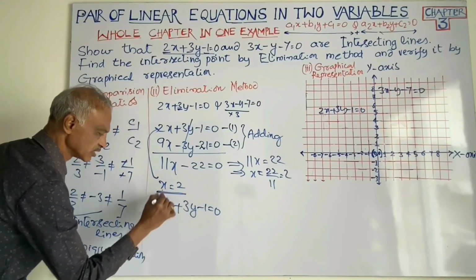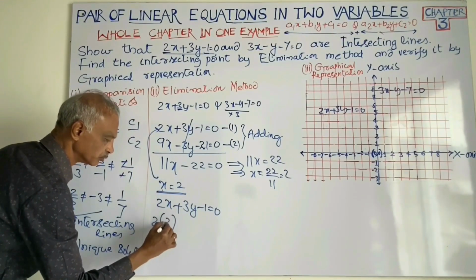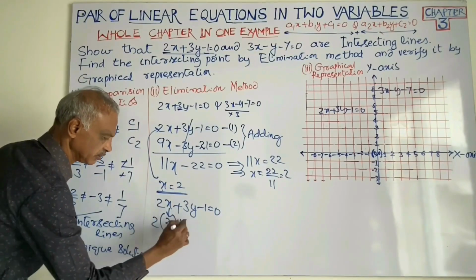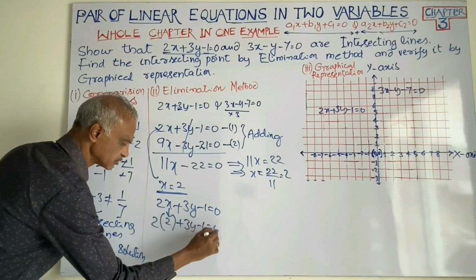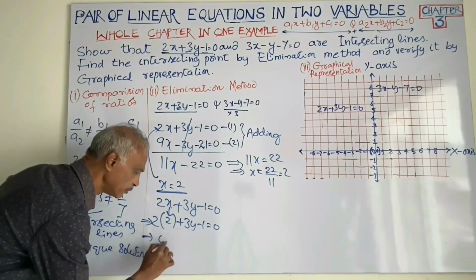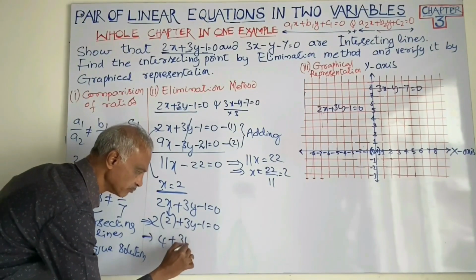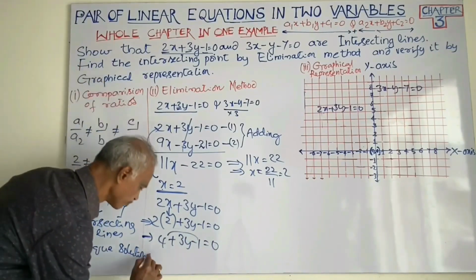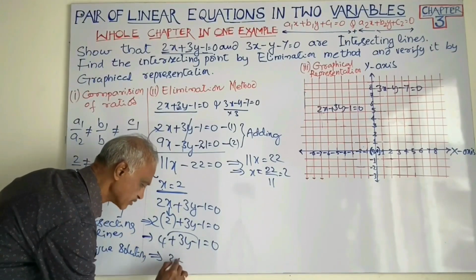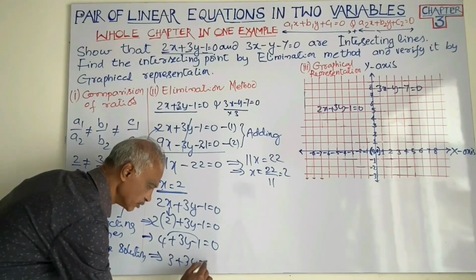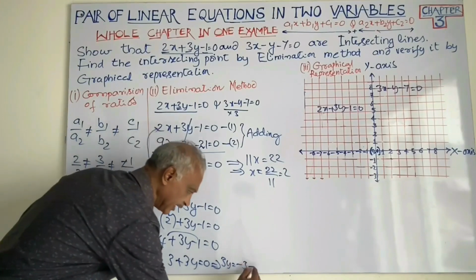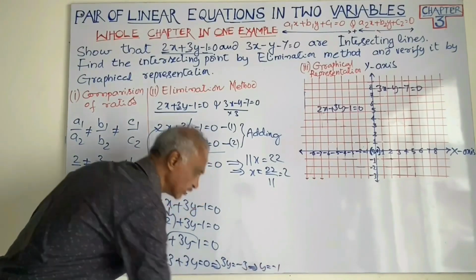In place of x, substitute 2. 2 times 2 plus 3y minus 1 is equal to 0. 4 plus 3y minus 1 is equal to 0. 4 minus 1, 3. 3 plus 3y is equal to 0. You will get 3y is equal to minus 3 and y is equal to minus 1.